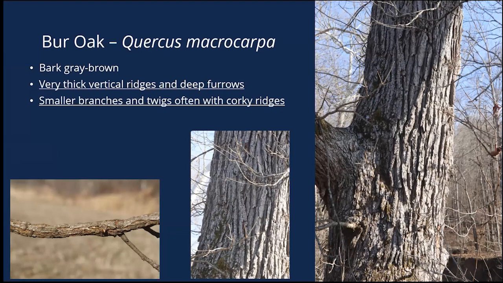Smaller branches, like I said earlier, you see on the bottom left there, often have those corky ridges on them, so that makes them look thick. It almost doesn't look like an oak bark compared to the others. Long vertical ridges that are very thick with deep furrows in it will get you to Bur Oak.